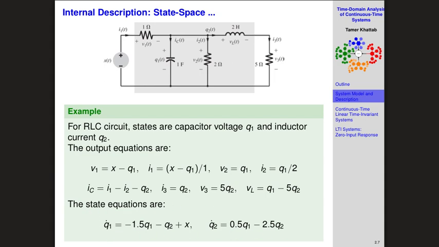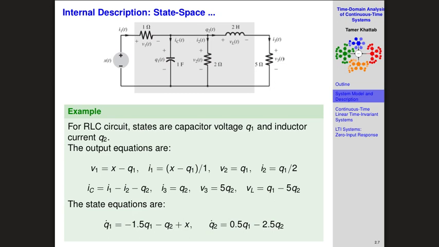You pick two states, you need two equations that relate those two states and the input to each other. Okay? So you need two equations here, the state equations. For the outputs, you don't need all of this. You just need which output you are interested in. Then you need to see how this can be calculated from the states and the input. And simply this does the function for you. It says if you know Q2, you will immediately know what's the output, right? You don't need any more information.